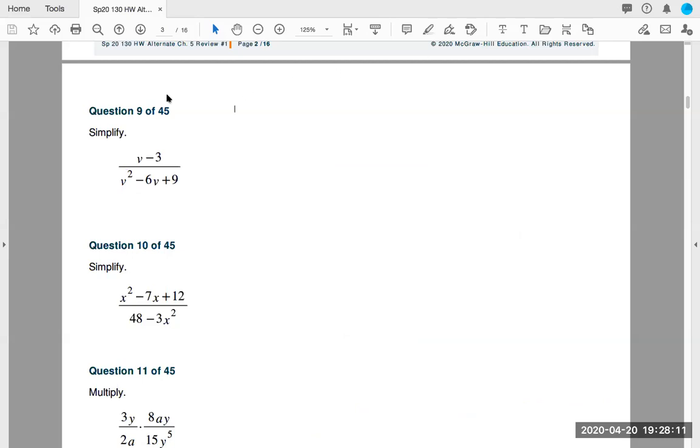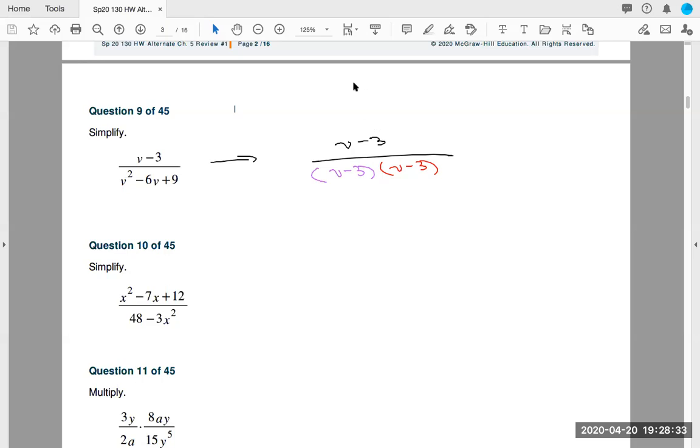So from this, we have v minus 3 on top. We found out from the last screen that we have v minus 3 times v minus 3.